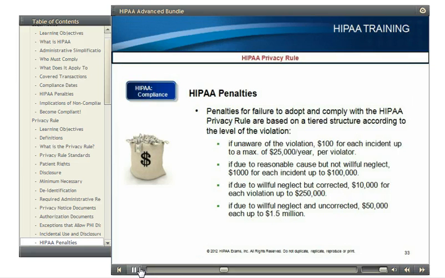If due to reasonable cause but not willful neglect, $1,000 for each incident up to $100,000. If due to willful neglect but corrected, $10,000 for each violation up to $250,000. If due to willful neglect and uncorrected, $50,000 each up to $1.5 million.